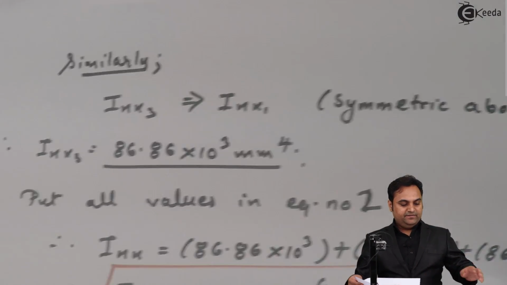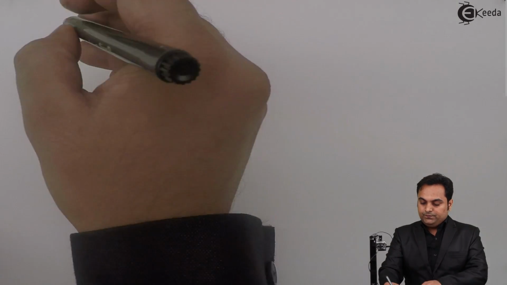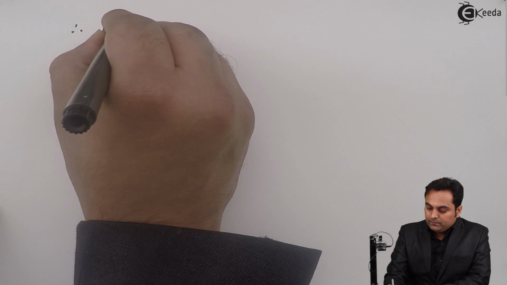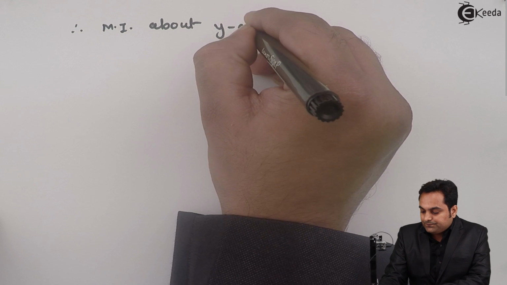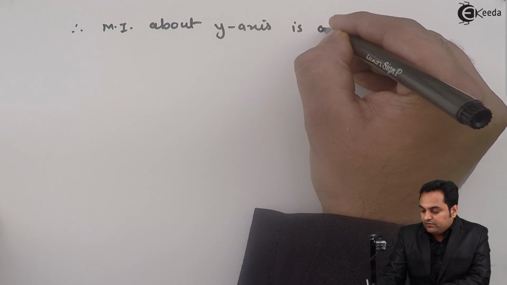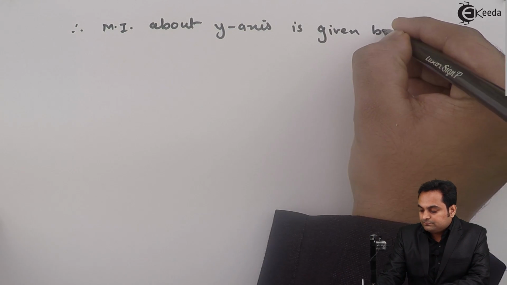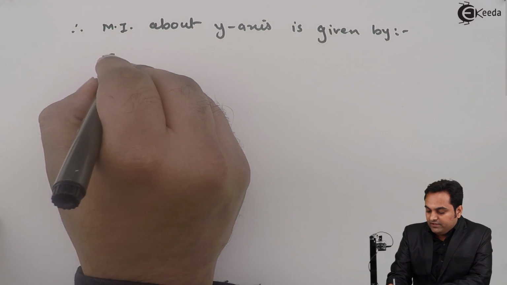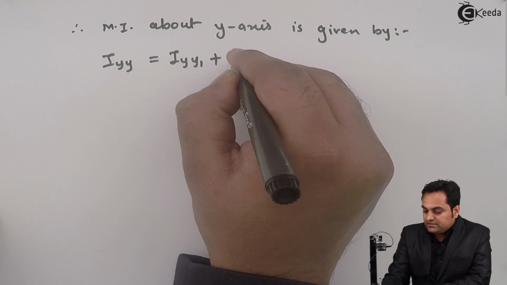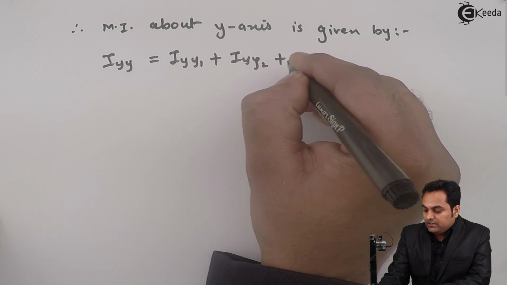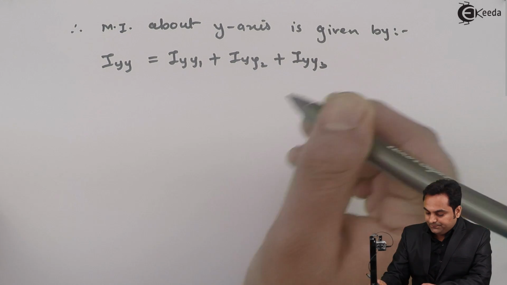Then we have to find Iyy. So the MI about the y-axis is given by Iyy is equal to Iyy1 plus Iyy2 plus Iyy3.